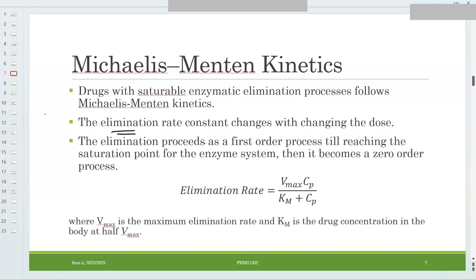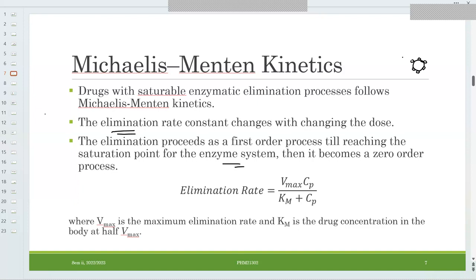Okay? So here the elimination proceeds as a first order process before the saturation point. Once we reach the saturation point for the enzyme system, all the binding sites on the enzyme become occupied.